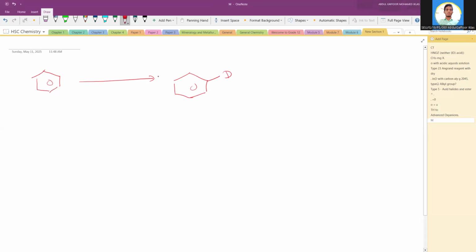I haven't taught you the reactions happening on the benzene ring, but I already told you if you want to add chlorine, you have to use Cl2 plus sunlight. Oh wait, for benzene, yes, because it's aromatic, right?